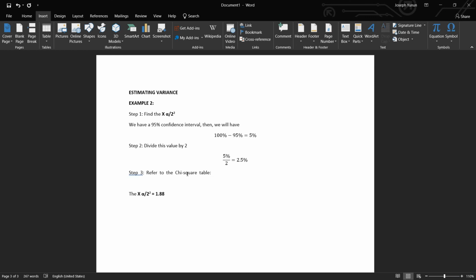Note the degrees of freedom equivalent to n minus 1 is equivalent to 10 minus 1, which is equivalent to 9. So 9, you will be referring to this value using the chi-square table.